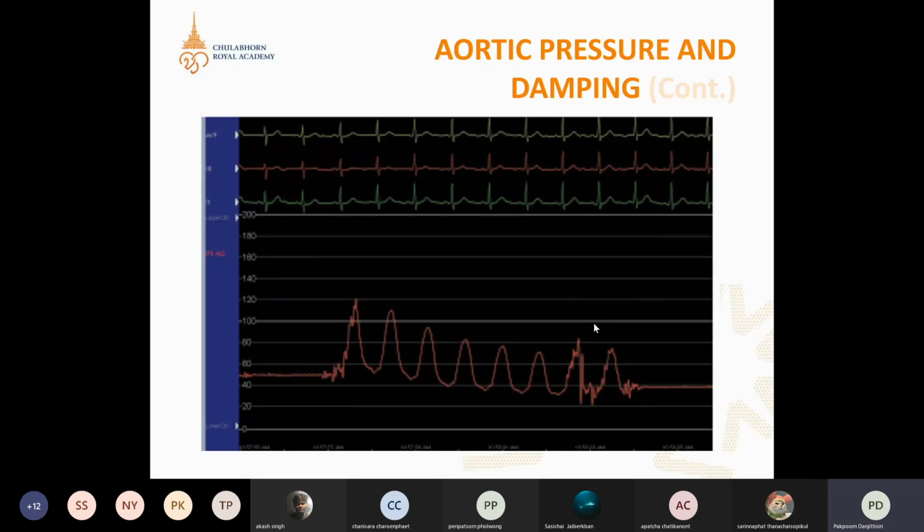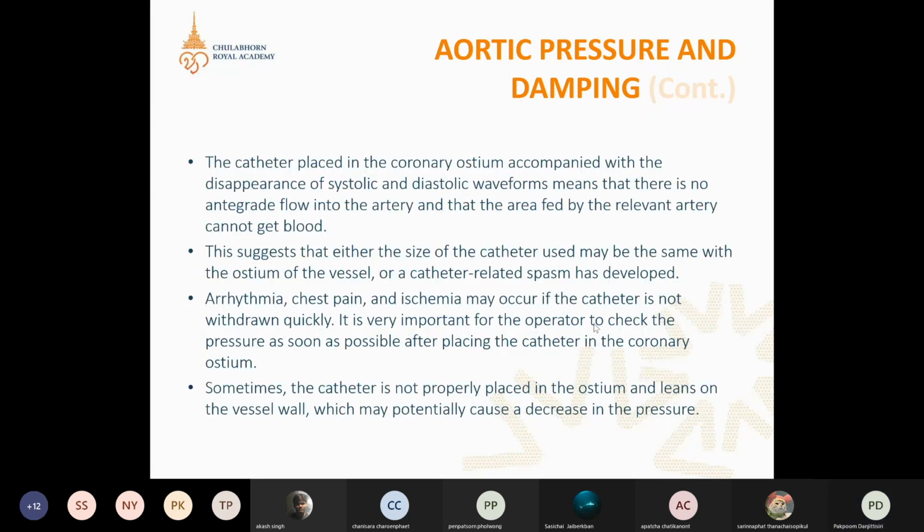Here is another aortic pressure with damping during maybe engaging the coronary ostium. Here is the detail that you can study by yourself. As I told you, damping pressure can happen if the doctor places the catheter in an inappropriate position, or uses a catheter of the wrong size.